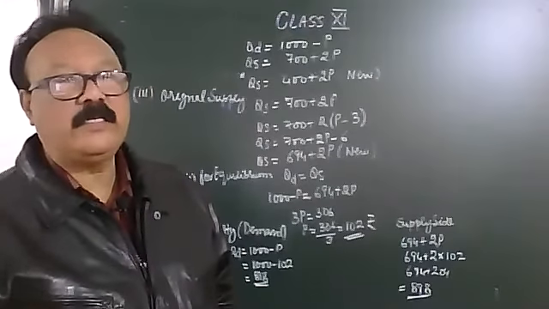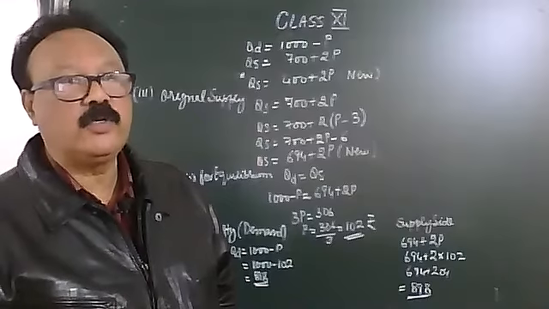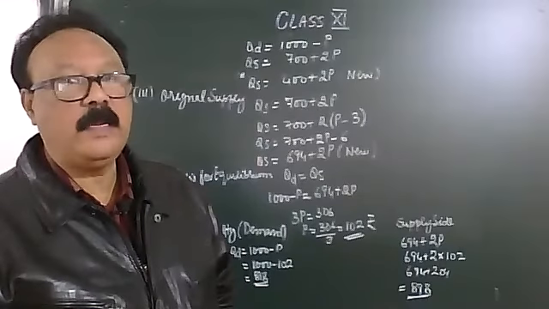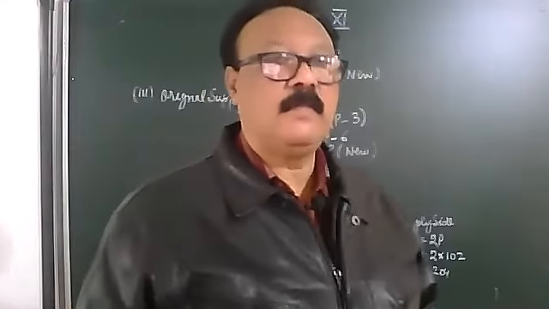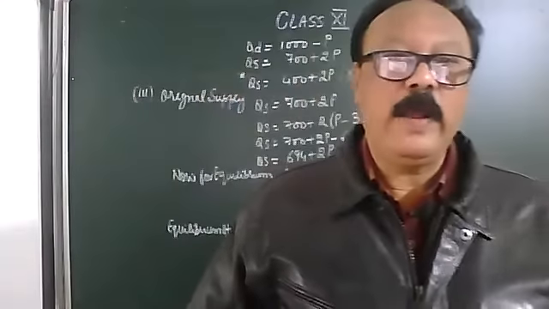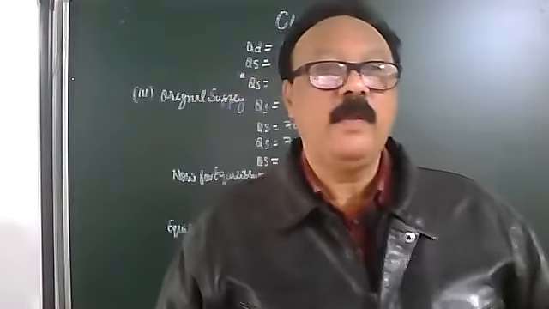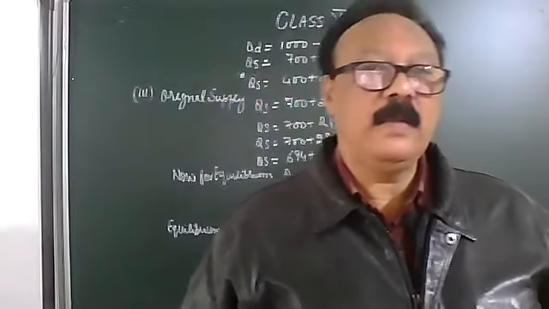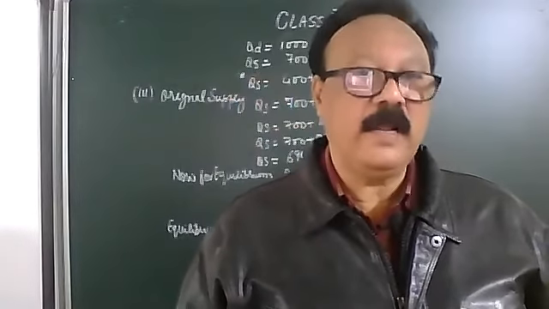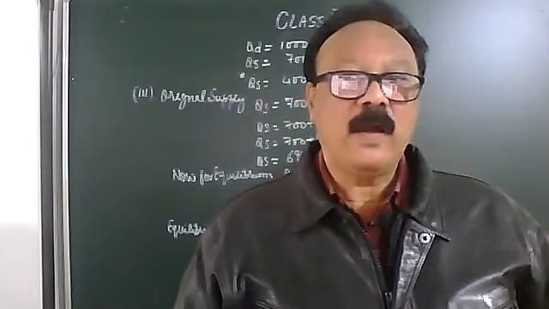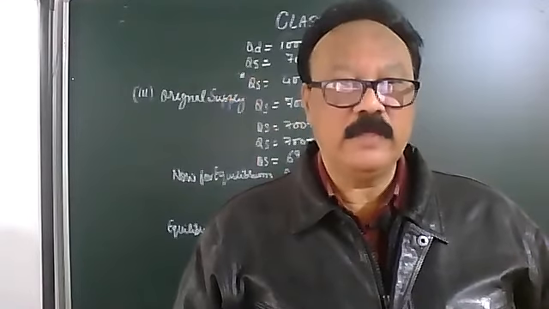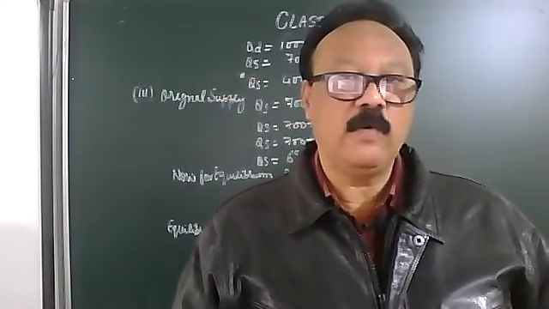So, this kind of numericals could be made and given to you, but basically what we are learning is market equilibrium. And when does market equilibrium happen? When demand is equal to supply. We have learned that. Then we also learn later on that it is not only the market forces of demand and supply which create the equilibrium price and quantity.